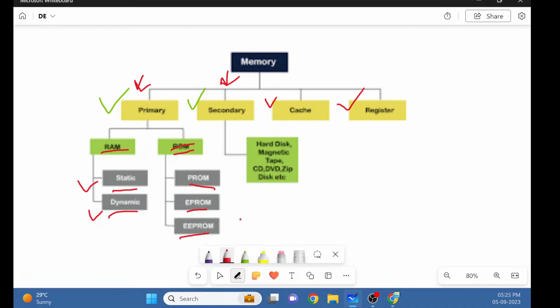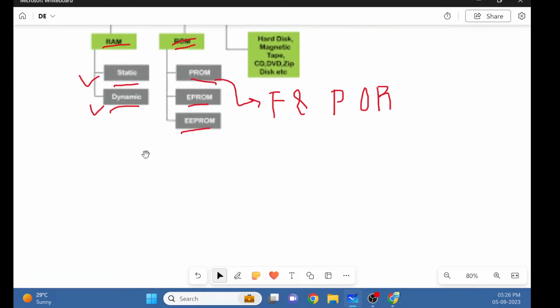So we can do the comparison of memories as follows. If it is a simple ROM, then we can say it is fixed AND and fixed OR, right? If it is PROM, then PROM is fixed AND and programmable OR.